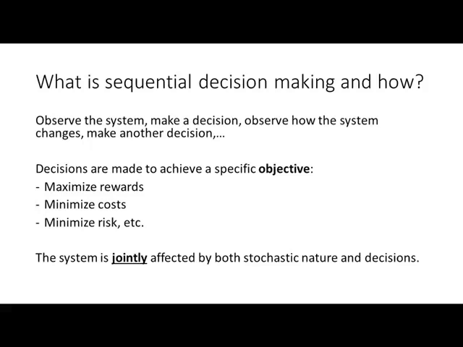Another kind of objective can be to minimize risk, so the amount of risk that's involved in a treatment. And since we have a stochastic system and we make decisions, the state the system is in is jointly affected by both the stochastic nature of the system as well as our decisions. So this is a very brief description of what a Markov decision process is.